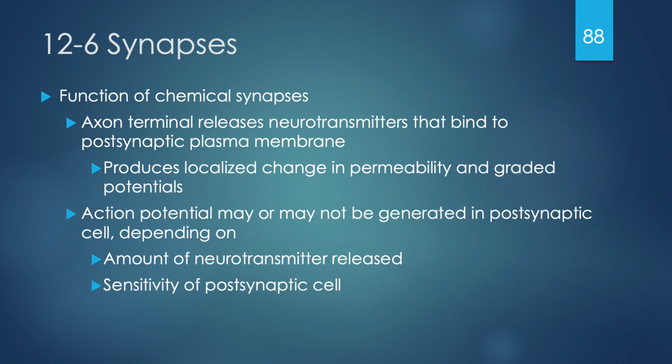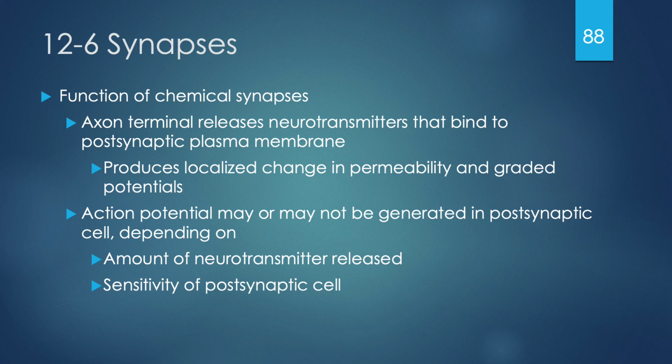Neurotransmitters from the presynaptic neuron are going to bind to the postsynaptic plasma membrane. And when this happens, it's going to produce a localized change in both the permeability and the graded potential of that postsynaptic neuron's plasma membrane, or the postsynaptic cell's plasma membrane. So there may or may not be another action potential generated in the postsynaptic cell. And this will depend on if there is enough neurotransmitter released, and also the sensitivity of the postsynaptic cell.